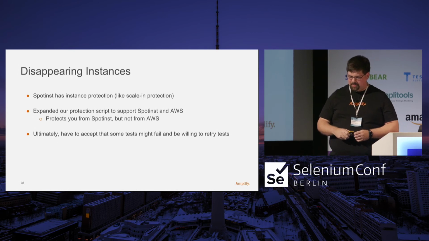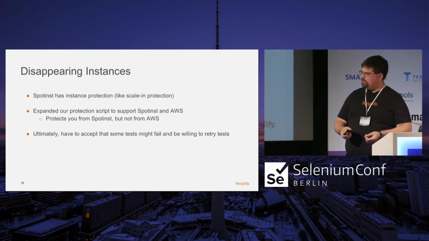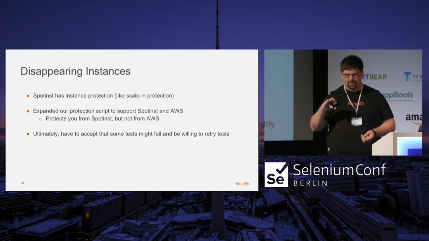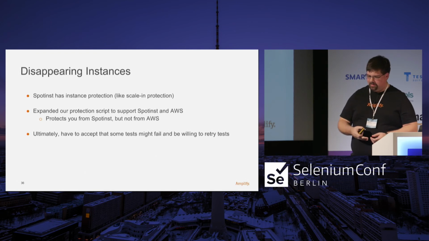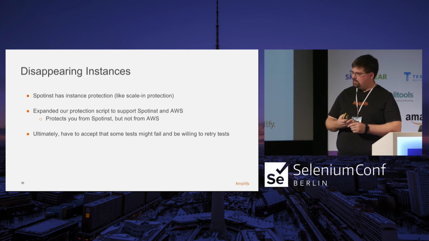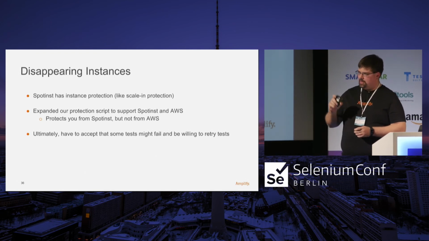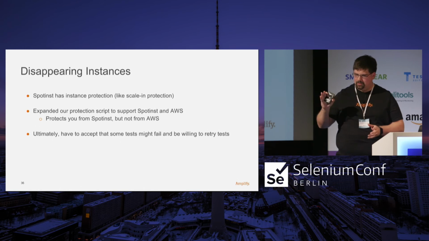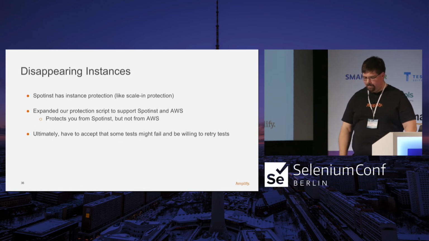So we expanded that protection script that I talked about earlier with the scaling protection to also set this Spotinst API call that turns on instance protection for them. So now if Spotinst says, okay, hey, this thing's going to go away in 30 minutes, we can say, okay, understood. Let me finish these tests really quick. And we can take the grid node out of service in a slightly gentler way.